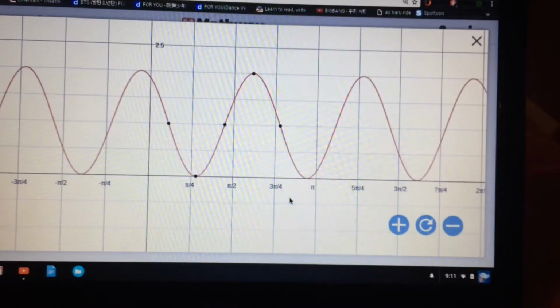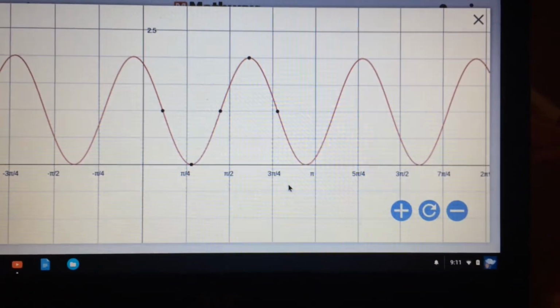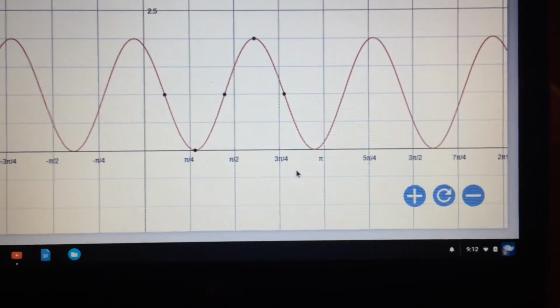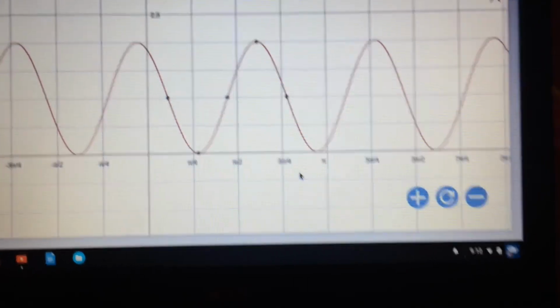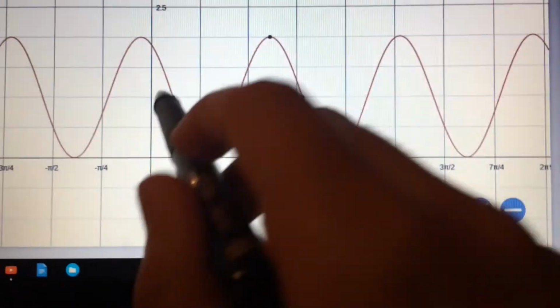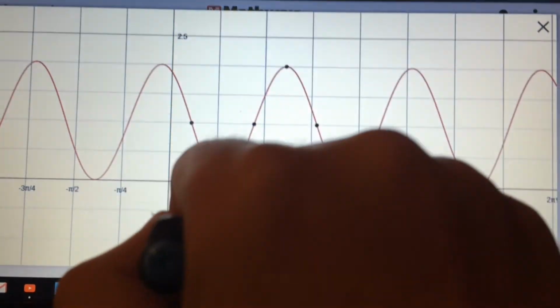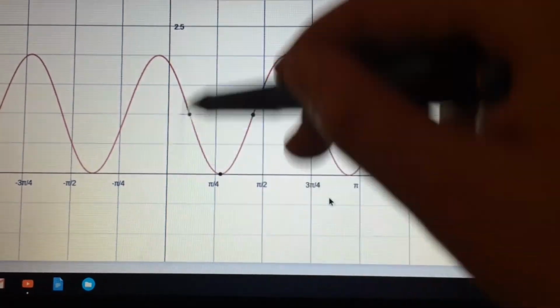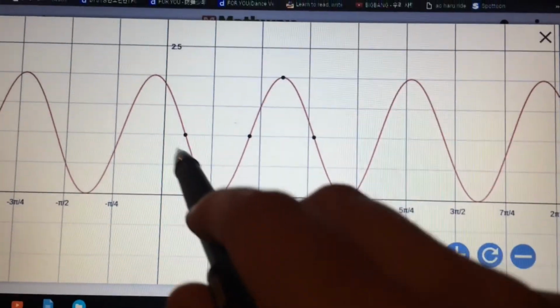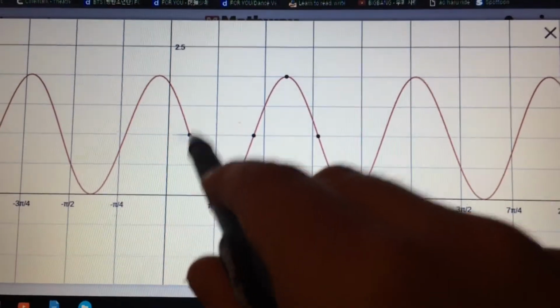And now to graph it, here's the actual graph of the sine equation, where now the new origin will be at pi over 9. So pi over 9 is right here, less than pi over 4, meaning that this is the new origin.